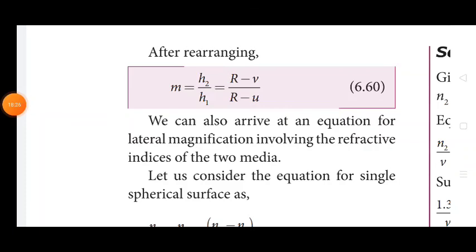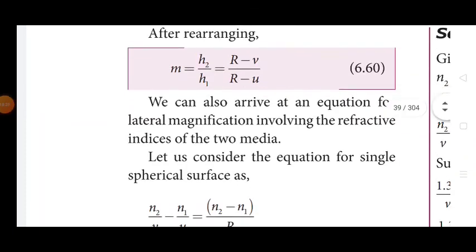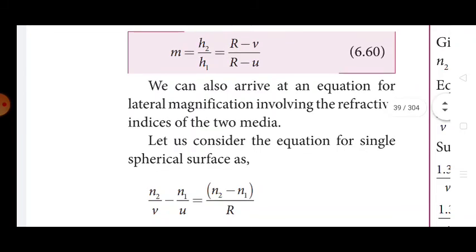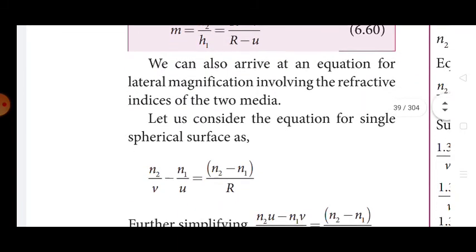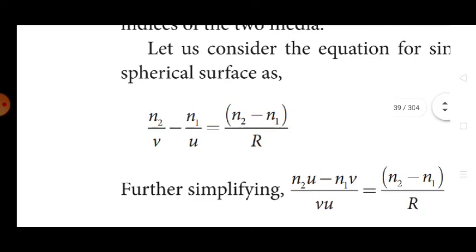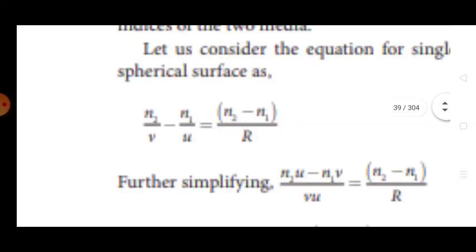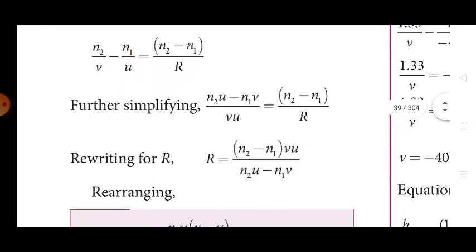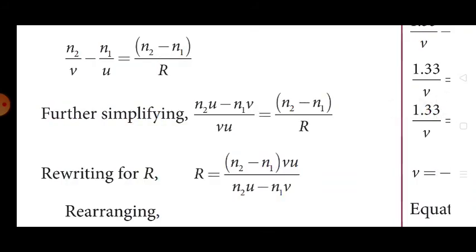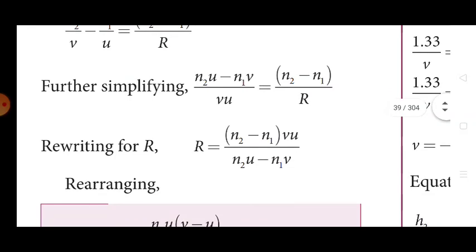So we can also arrive at an equation for the lateral magnification involving the refractive indices of the two media. So n2 by v minus n1 by u is equal to (n2 minus n1) by R. Further simplifying, (n2u minus n1v) by vu is equal to (n2 minus n1) by R. Rewriting for R, R is equal to (n2 minus n1) vu by (n2u minus n1v).